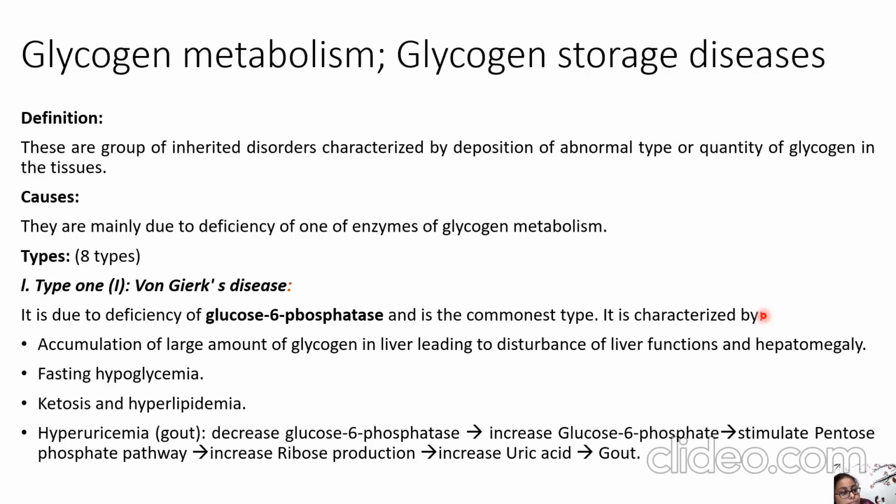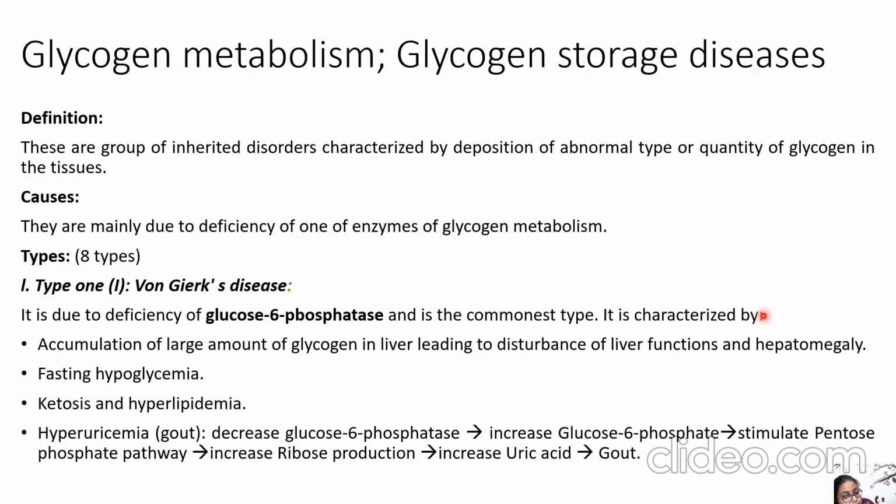It can be caused due to the deficiency of glucose 6 phosphatase and is the most common type. It is characterized by accumulation of large amount of glycogen in liver, leading to disturbance of liver functions and hepatomegaly. The symptoms can be fasting hypoglycemia, ketosis and hyperlipidemia, hyperuricemia, that is basically gout.